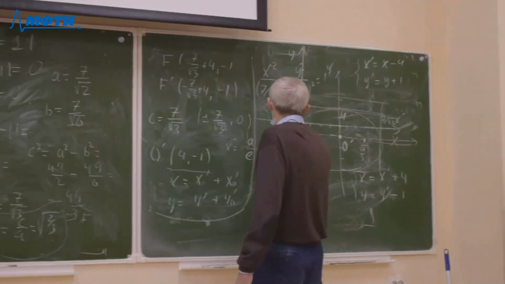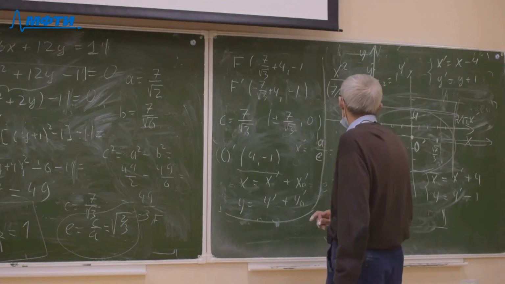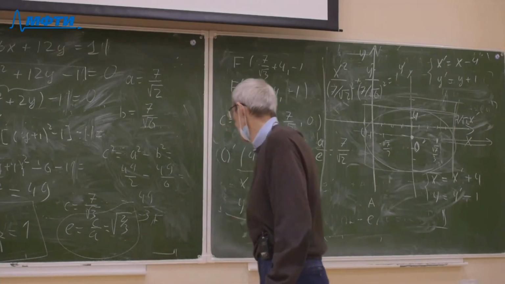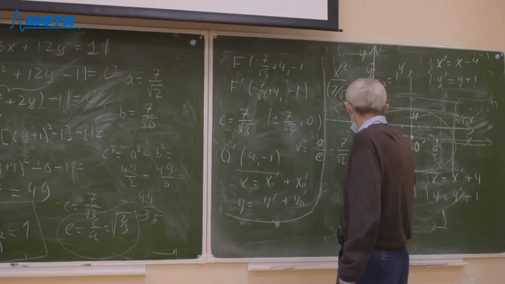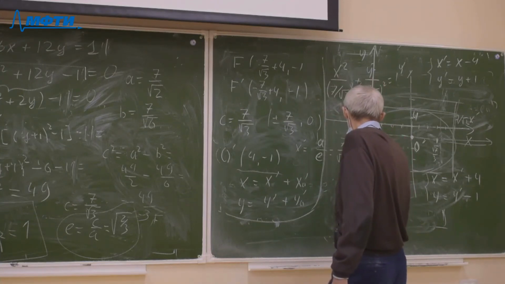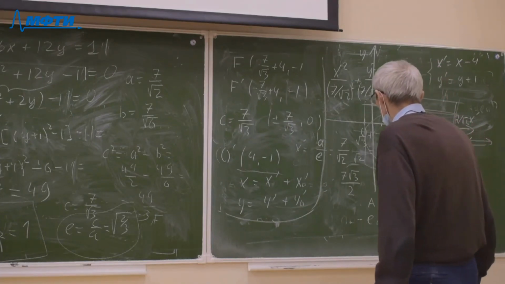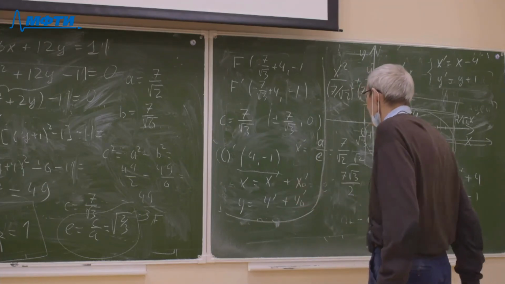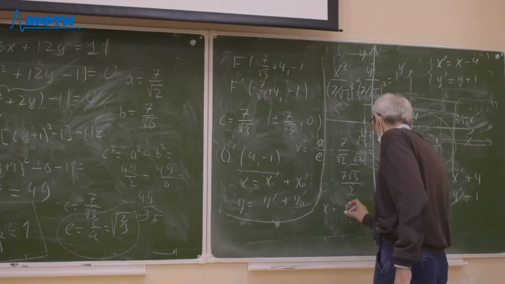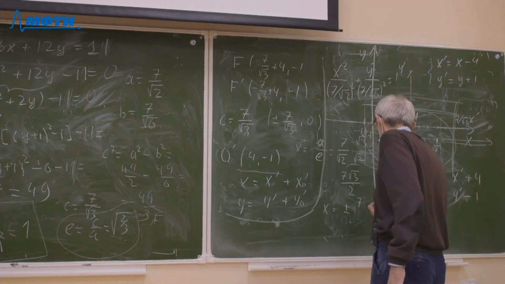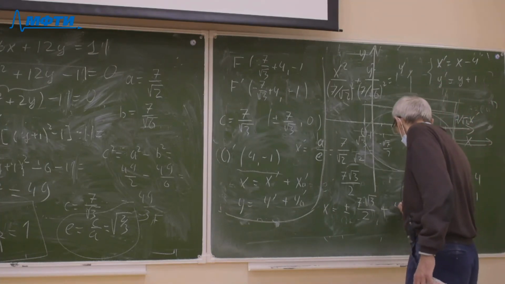In our case a is equal to 7 root square, and with the eccentricity we obtain the following equation: 7 times root square 3 divided by 2. After shifting to the old coordinate system, we obtain the following equation for the directrices: x equal to plus minus 7 times 3 over 2, plus 4.